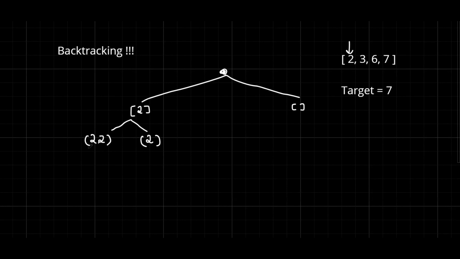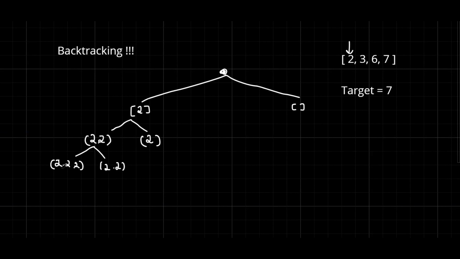Now from this 2 and 2, we can include another 2 here. By doing so, our temporary vector will become 2, 2, and 2. And in this path, we can completely ignore the third 2, so our temporary vector will remain the same, which is 2 and 2.